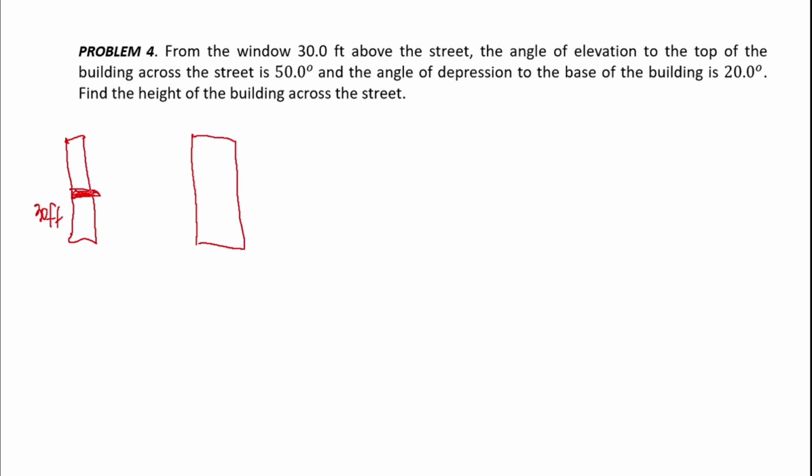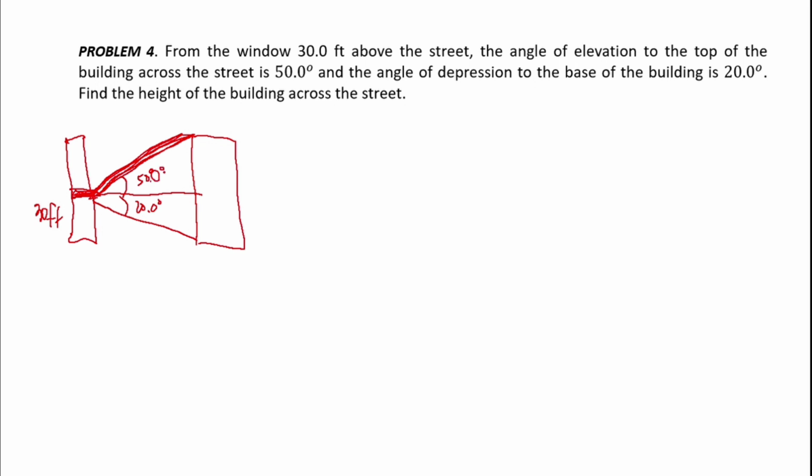If this is the horizontal line, it creates an angle of elevation to the top of the building, which is 50 degrees, and an angle of depression of 20.0 degrees.